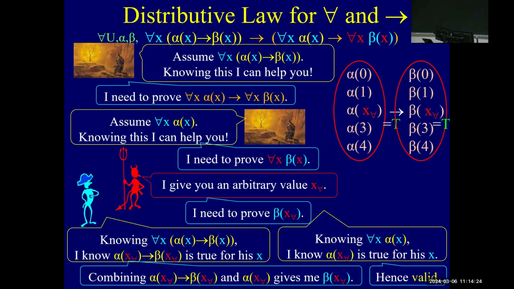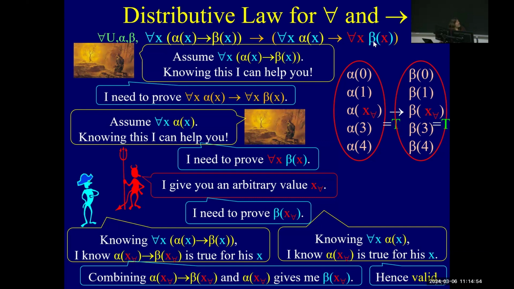Once we give it to her, she needs not to prove it, she needs to assure it. So that's why this is blue, because the prover is giving it to her, and this is yellow because she's assuring it.